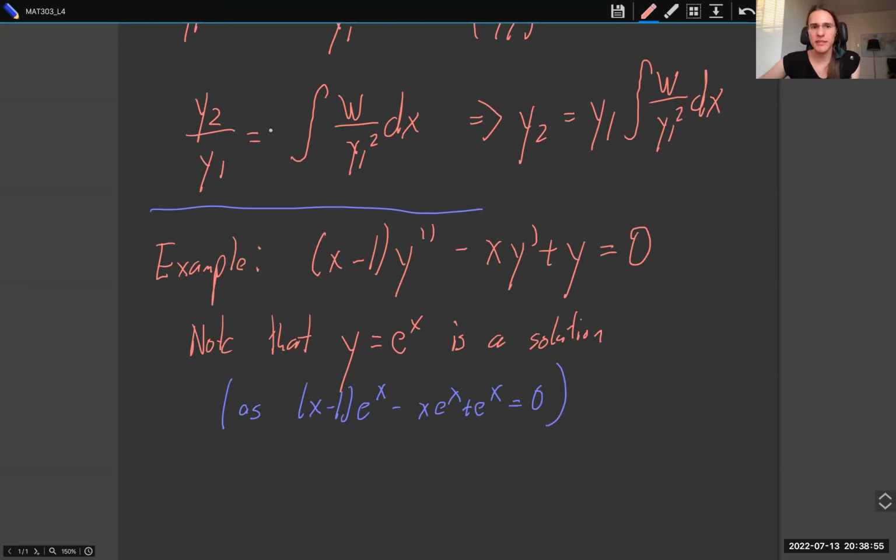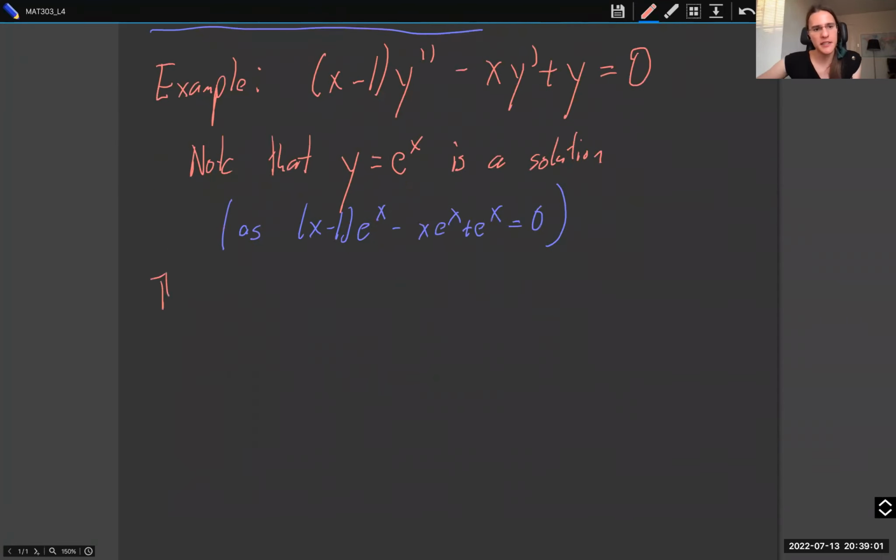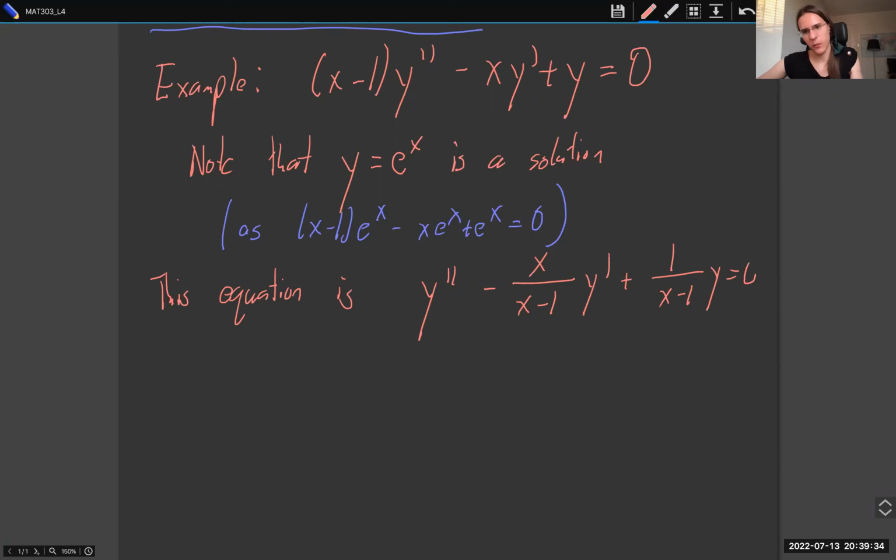But now we're going to use this process to find the other solution. So first off, this function has an x minus 1 out front, but the way that I've been writing it is with a coefficient of 1 here. So I'm going to divide this equation through, and it's really y prime prime minus x over x minus 1 y prime plus 1 over x minus 1 y is equal to 0.